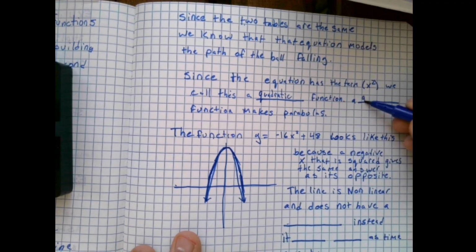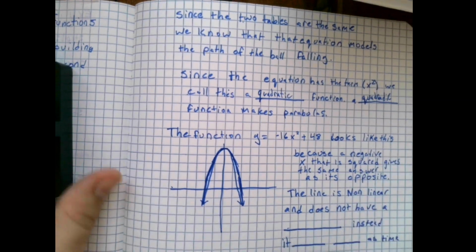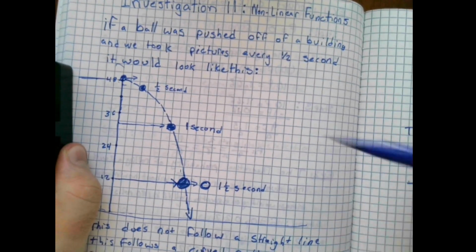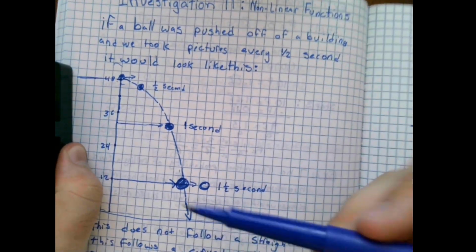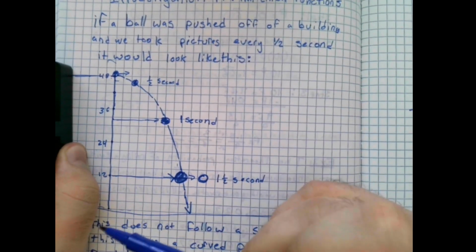Now, a quadratic function makes parabolas. Now, one thing I want to note here is over in this curve, we don't go into the negatives. And we don't go into the negatives because we can't have negative time.